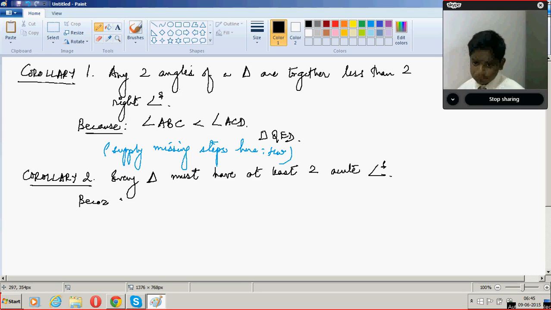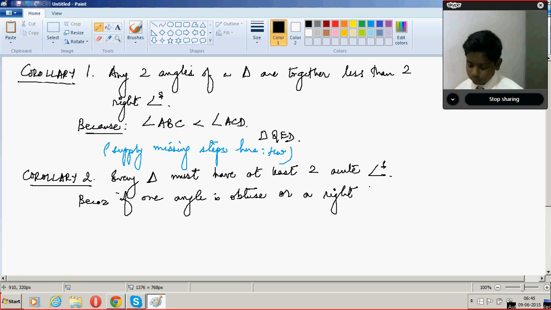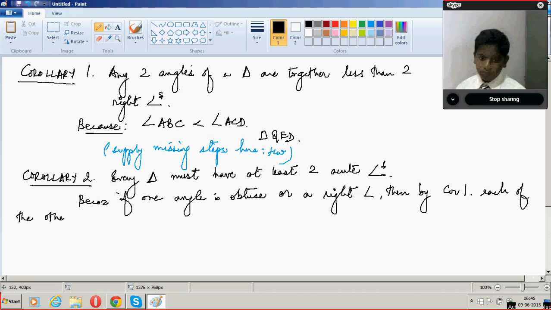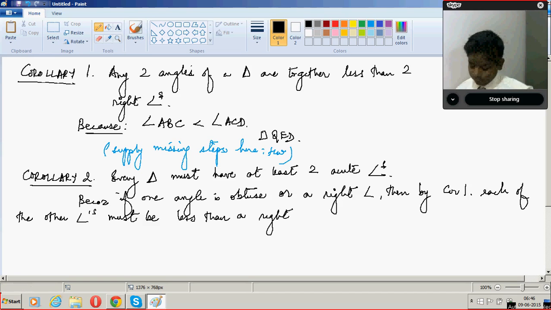Because if one angle is obtuse or a right angle, then by corollary 1 each of the other angles must be less than a right angle.